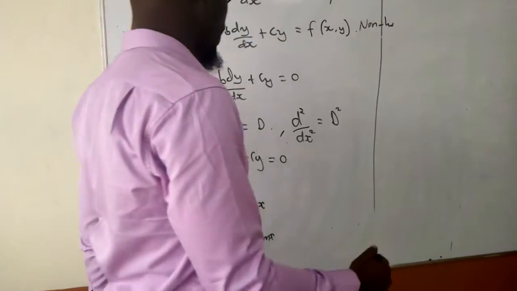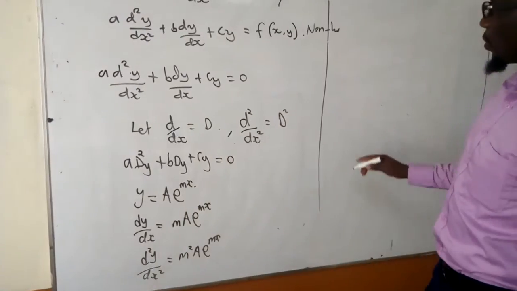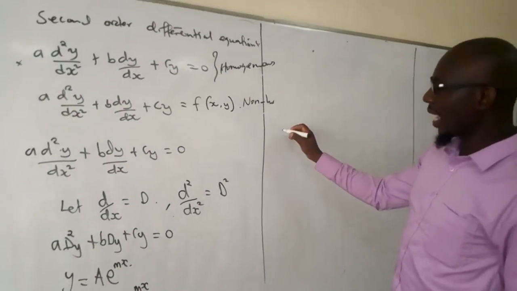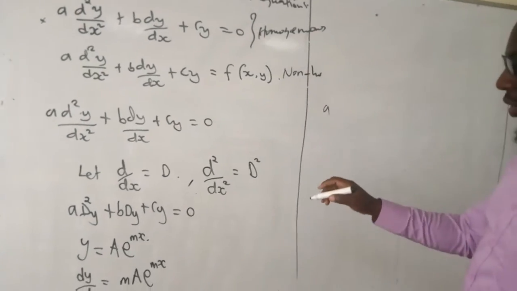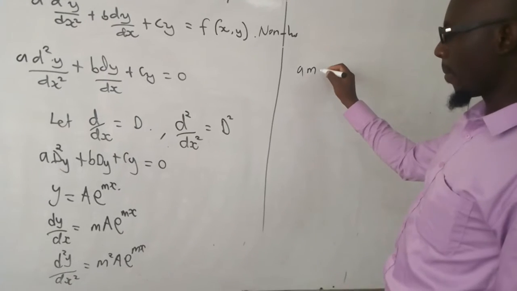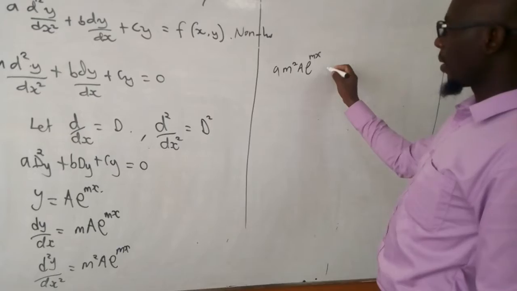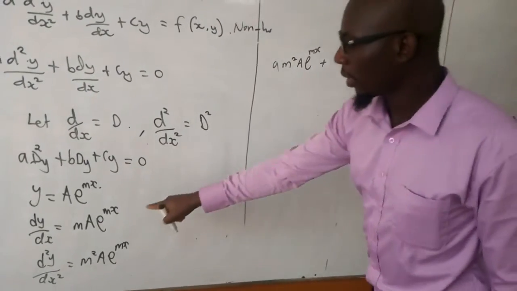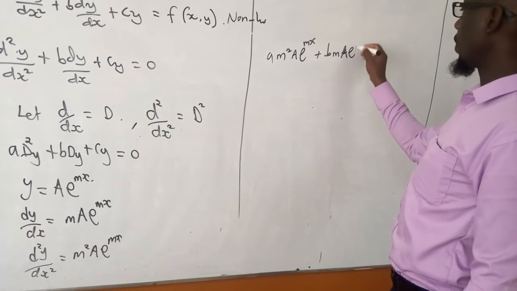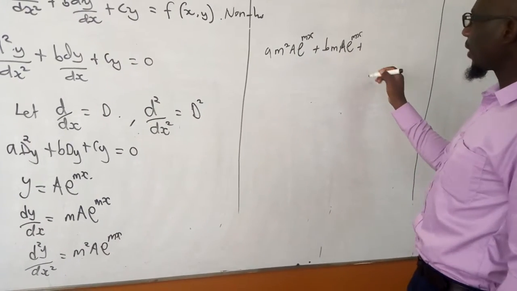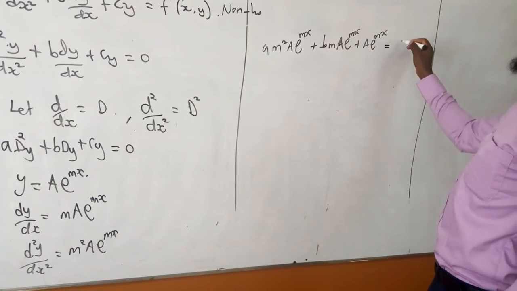So if you have all these parameters, we can replace them in the D equation and obtain a into D squared, that shall be m squared A exponential of mx, plus the b becomes b m A exponential of mx, plus c y, that is A exponential of mx, to be equal to 0.